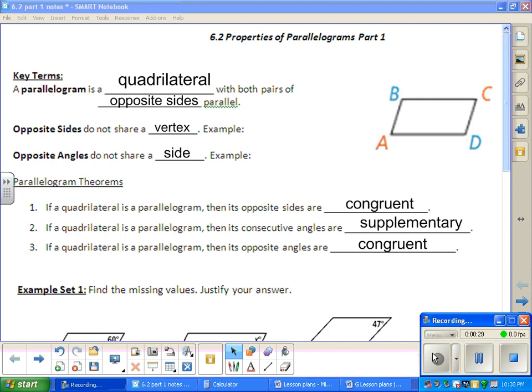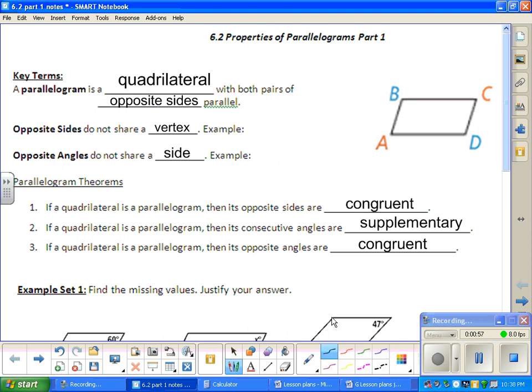So that's telling you that AB is parallel to DC and BC is parallel to AD. The opposite sides do not share a vertex. So opposite sides would be AB and CD.